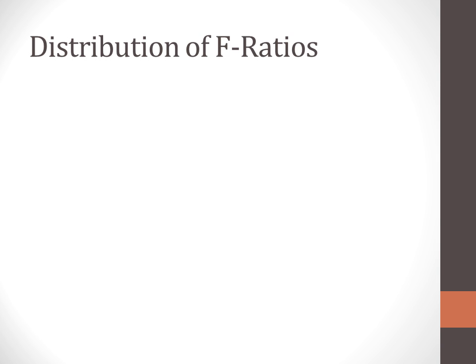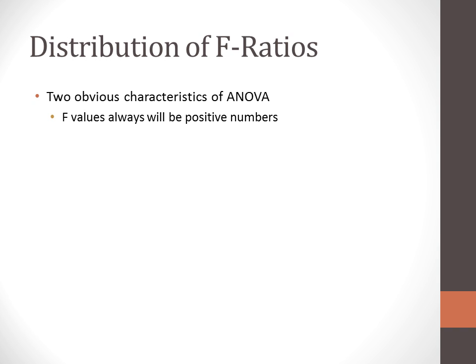So there is a table in our book like we had for the t-test and like we had for the z-test that we can look up the values for the F ratios. There are two obvious characteristics of ANOVA. Because the F ratios are computed from two variances, the F values will always be positive numbers.